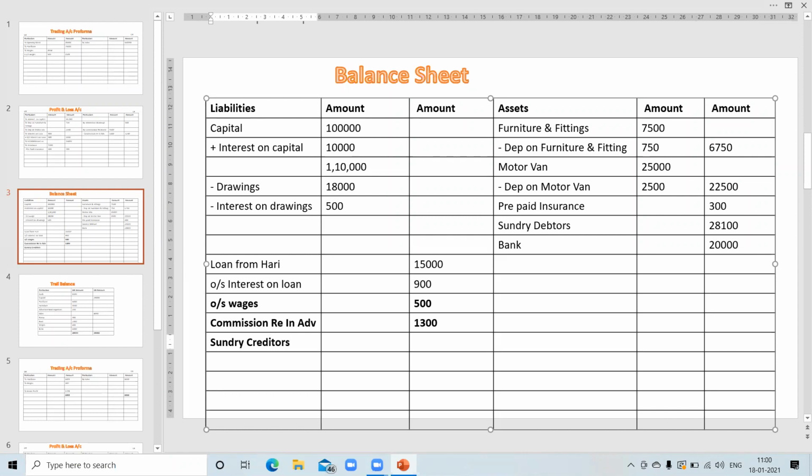Sundry creditors, there are no adjustments. Covered direct outer column. So 10,000.